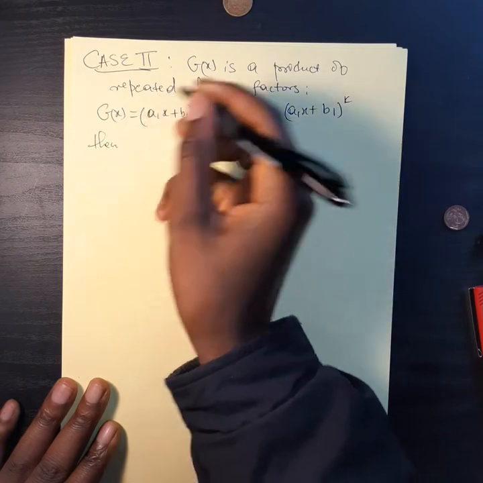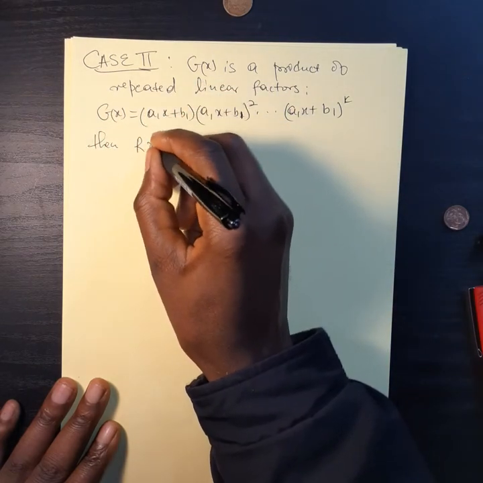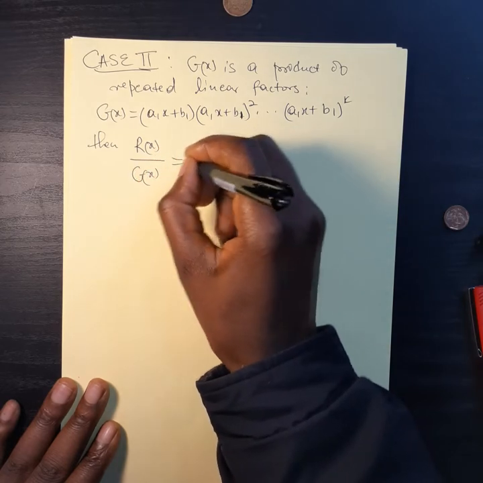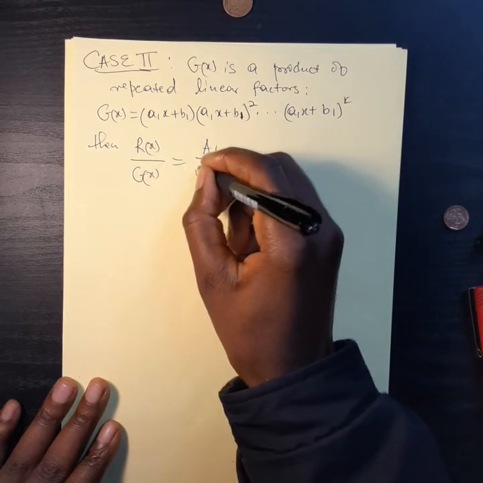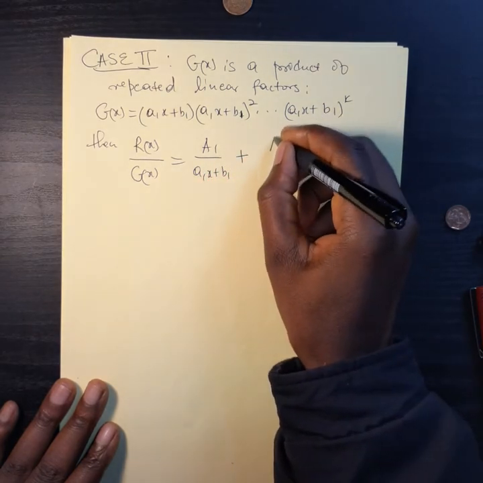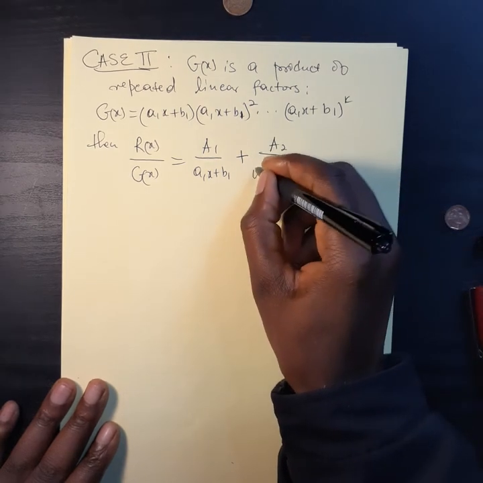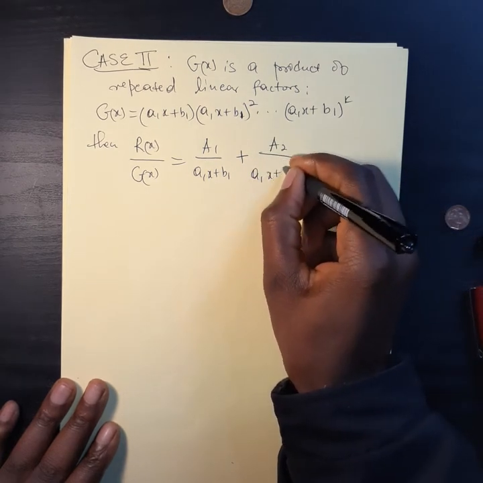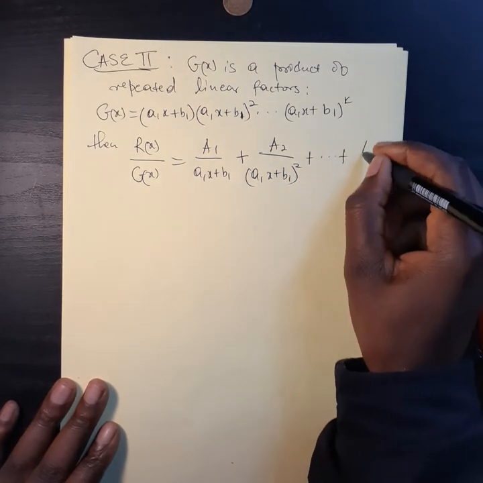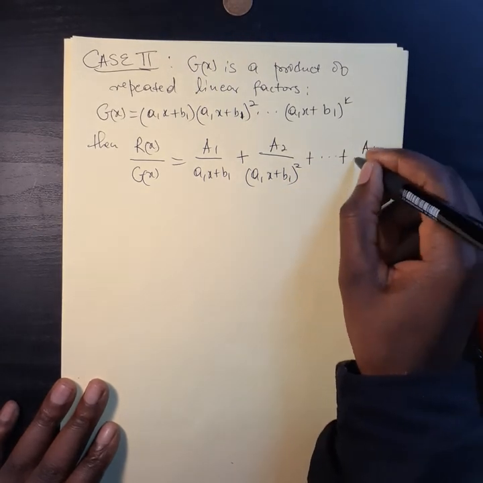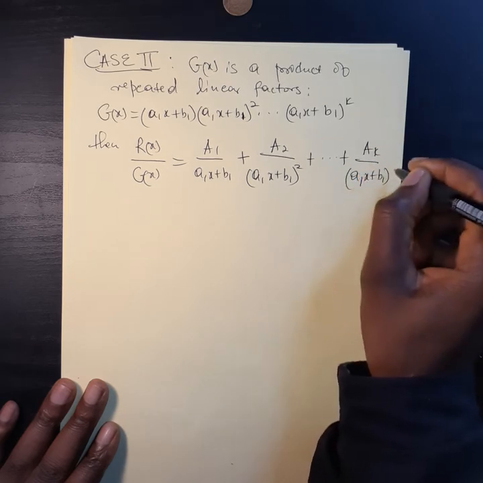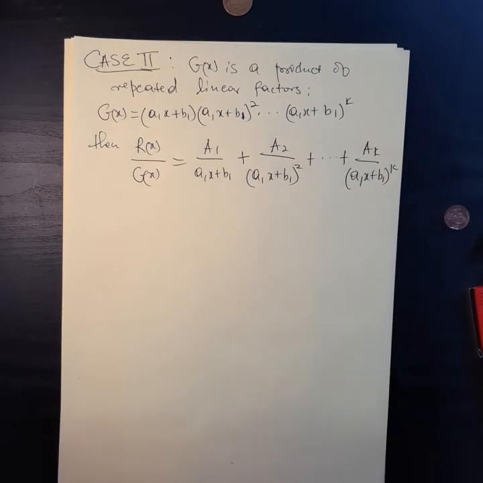Then the case here is you take your r of x over g of x, and you write A1 over (a1x plus b1), plus A2 over (a1x plus b1) squared, plus until the last one, Ak over (a1x plus b1), raised to the power of k, like that.